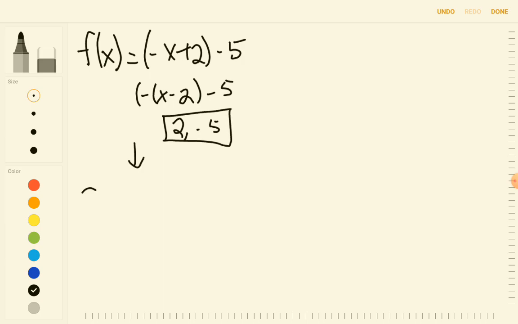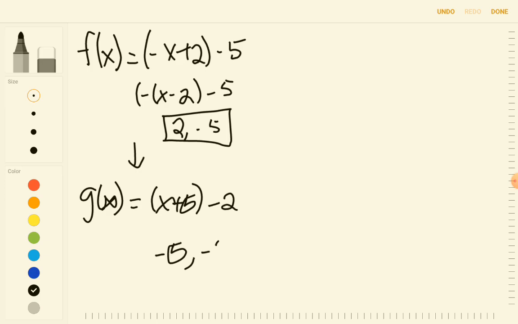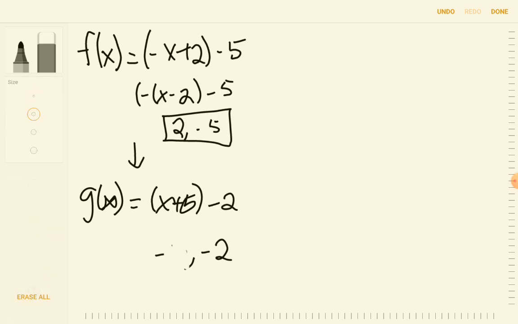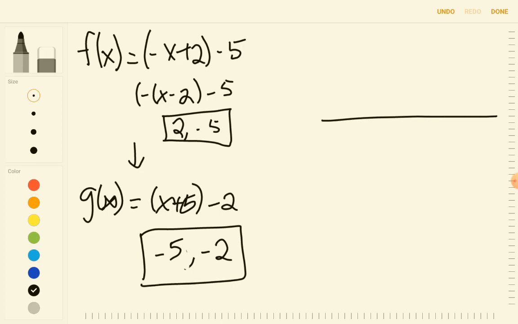And we're trying to transform to g of x, which equals x plus 5 minus 2. And our vertex would be negative 5, negative 2. And if we draw a coordinate plane, we'd plot the first one, which would be 2 and negative 5, and our next point, which would be negative 5 and negative 2.